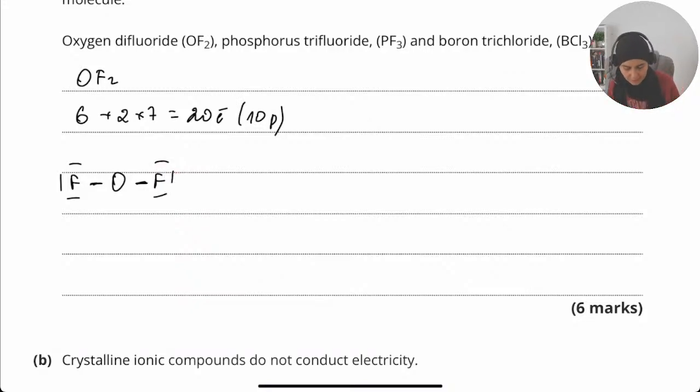What do we do next? Next we count how many pairs I have used up out of 10. I have used up 1, 2, 3, 4, 5, 6, 7, 8. I have used up 8 out of 10, so 8 plus 2 is 10. So 2 pairs become lone pairs on oxygen. That's your Lewis structure. You can draw it as dot and cross, you can draw it with lines, that's fine. For A level, be careful.